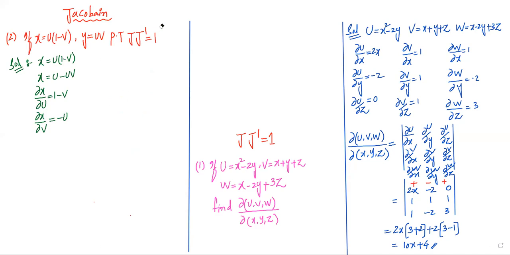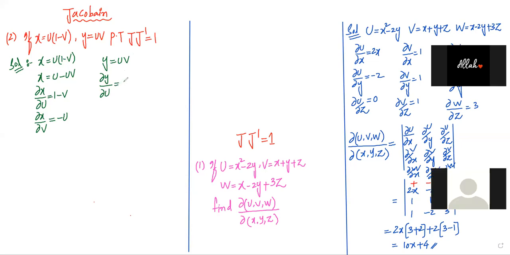Next. Take the value of y and the same thing with respect to u and with respect to v. Y is equal to uv. Next, y with respect to u, what is the answer?